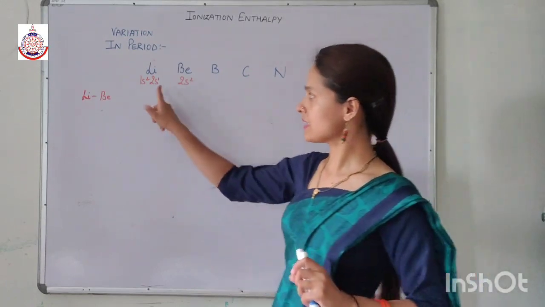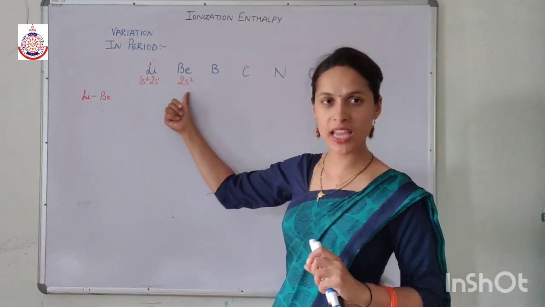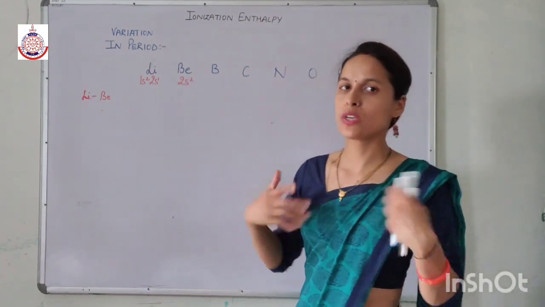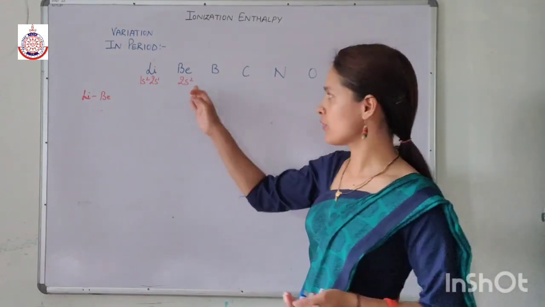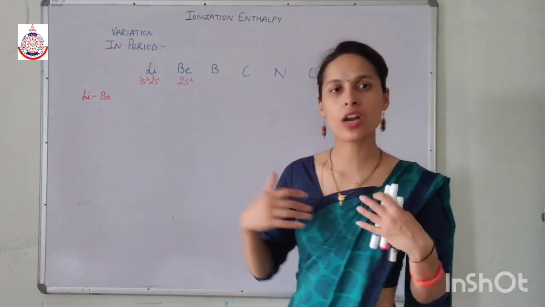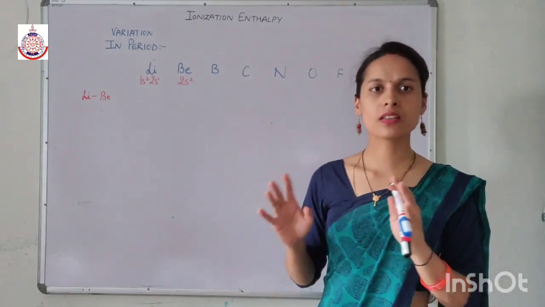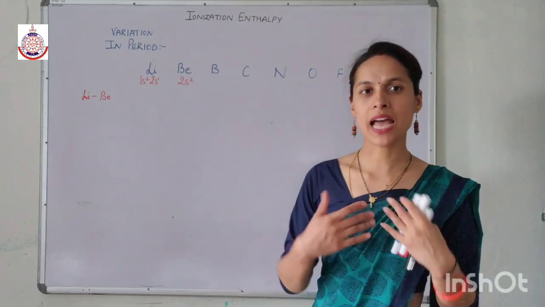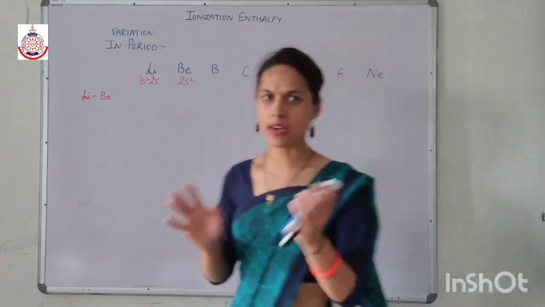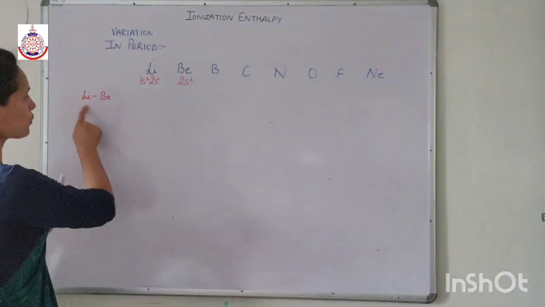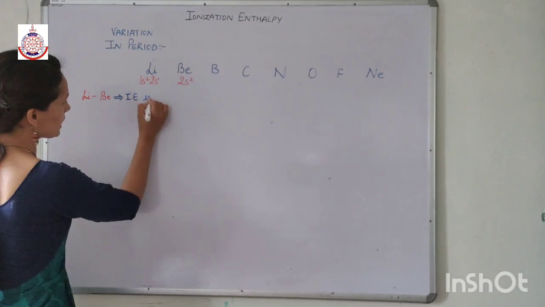Also, lithium has a half-filled s orbital, whereas beryllium has a fully filled s orbital. A fully filled s orbital is more stable than a half-filled orbital, so it becomes difficult to remove the electron from beryllium. So the ionization enthalpy of beryllium is more than that of lithium. This is the general trend: from lithium to beryllium, ionization enthalpy increases.